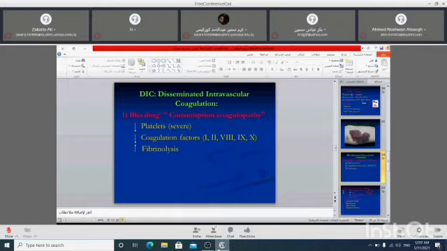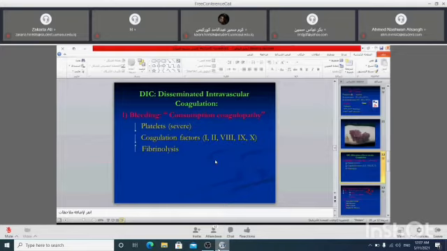So we have low platelets in the blood and severe thrombocytopenia. For a DIC patient we measure the coagulation factors and see a reduction of these coagulation factors: 1, 2, 8, 9, and 10. At the same time, why does bleeding happen in DIC? Not only because of consumption of platelets and coagulation factors. The process of fibrinolysis is very high.